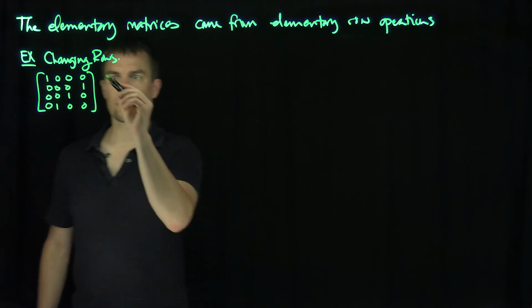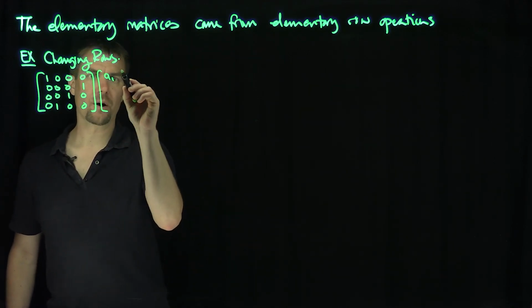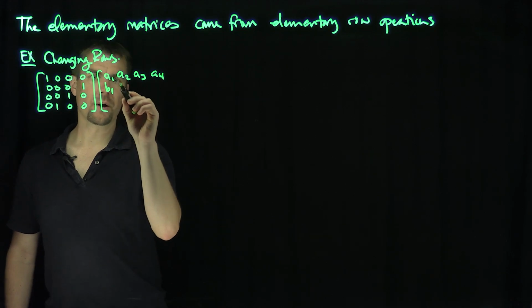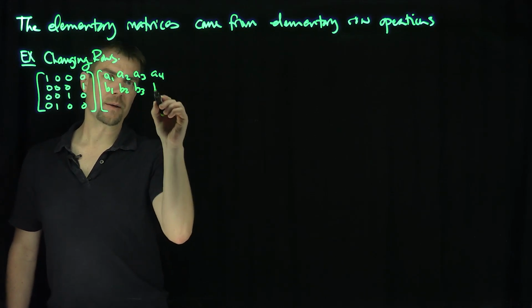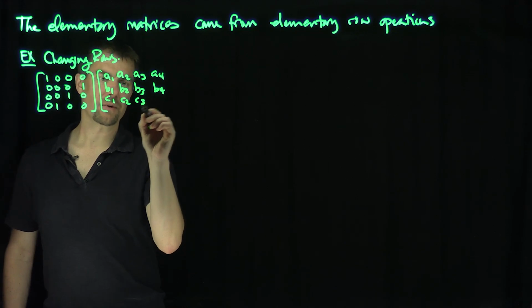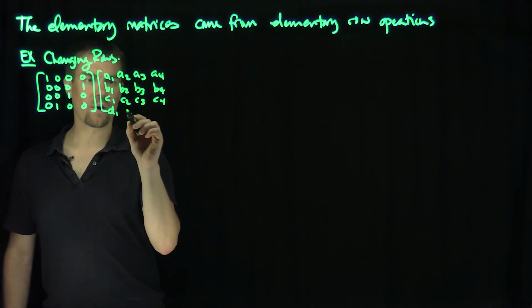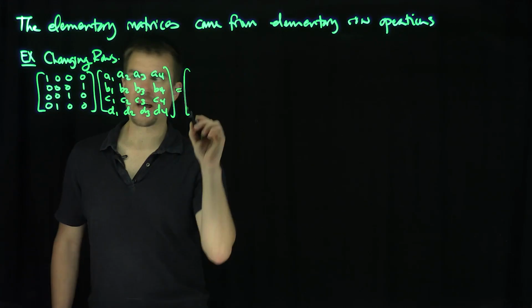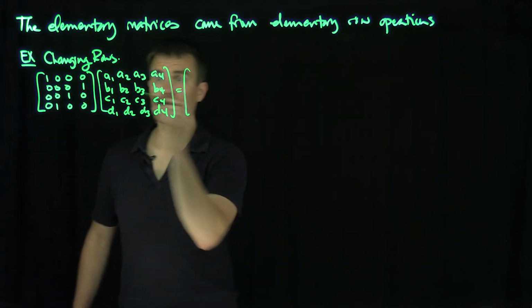What would this do to a matrix over here? If I plugged in A1, A2, A3, A4, B1, B2, B3, B4, C1, C2, C3, C4, and D1, D2, D3, D4, let's see what would happen. Again, first row dot column, the first row is not going to change.